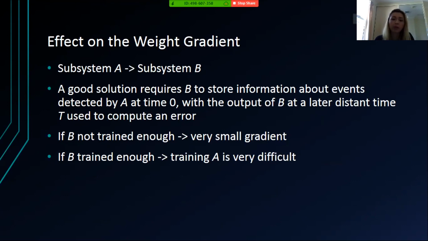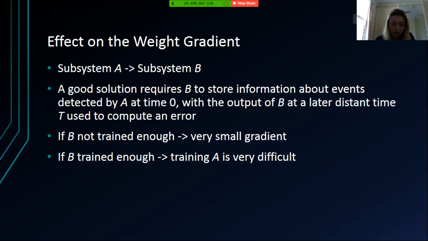A good solution for this problem requires B to be able to store information about events detected by A at time 0, with the output of B at a later distant time t used to compute an error. If B is not trained enough and is not able to store information for long enough, the gradients of the error at t with respect to the output of A at time 0 are very small. Since B doesn't latch, the outputs of A at time 0 have very little influence on the error at time t.